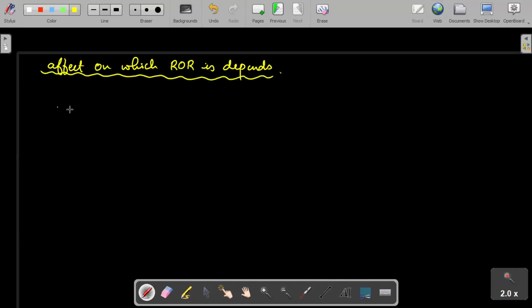The first, let us say, is the nature of the reactant. Suppose I have hydrogen, which explodes very fast. There is an explosion if I burn it. And I have wood.